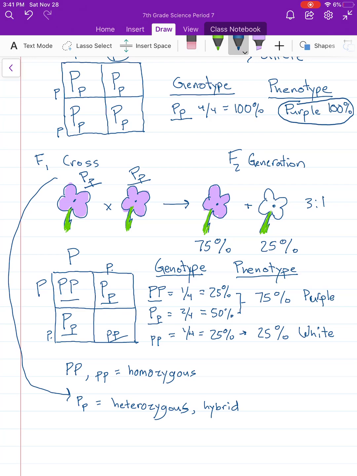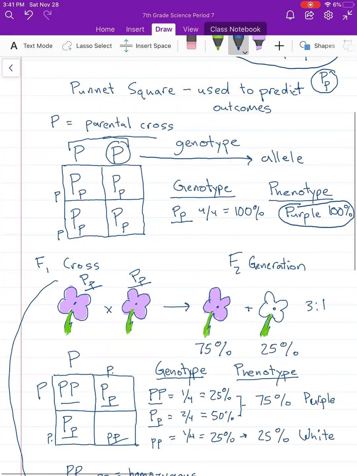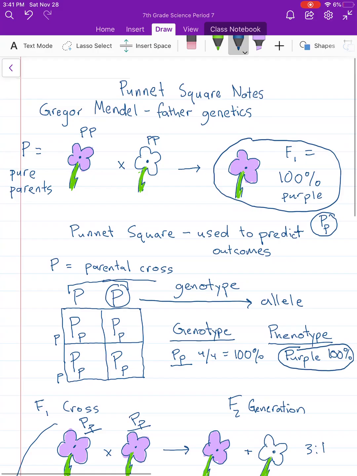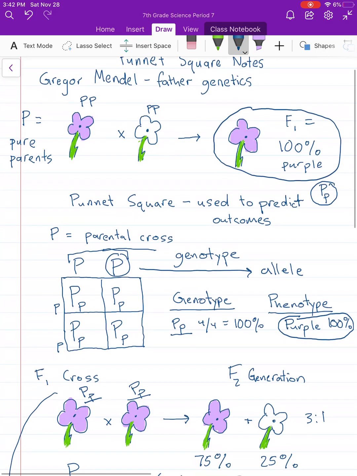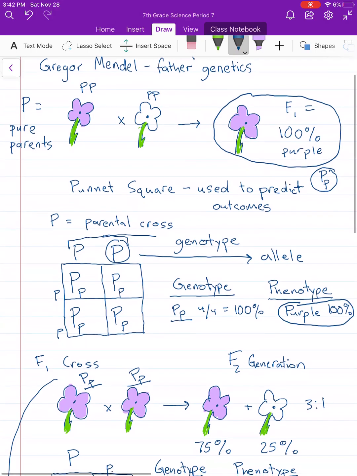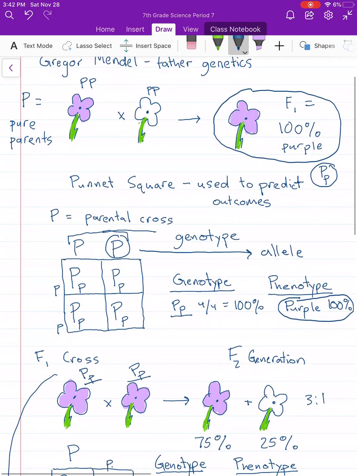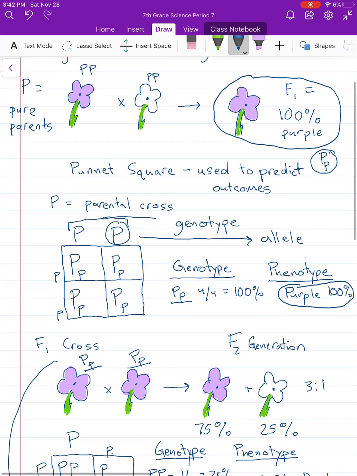Okay, but this was Mendel's basic experiments involving pea plants. Again, just to review, you have the P generation, a pure purple crossed with a pure white, and he got 100% purple every time in the F1 generation. Then he took those 100% purple flowers and he crossed them amongst themselves with reciprocal crosses.